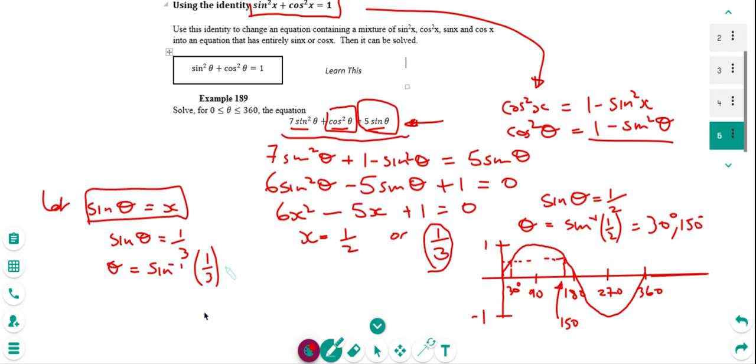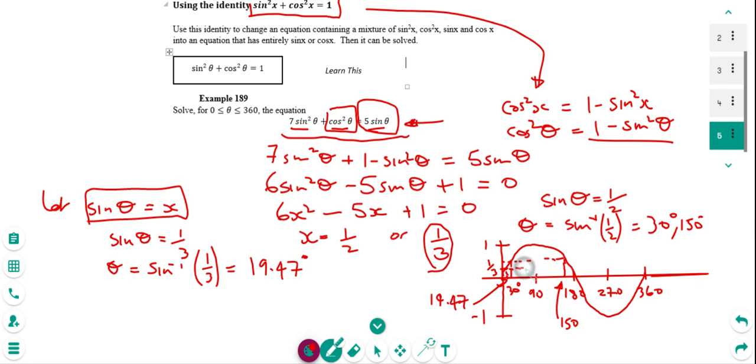And our calculator will give us 19.47. So it gives us the value closest to 0. It's only given us one answer, but there are more answers in our range. It's given us that one, where that's 1/3 there, and that value is 19.47.